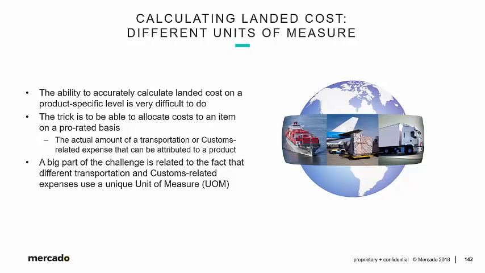As we've been building up to, a big part of the challenge is related to the fact that different transportation and customs-related expenses use a unique unit of measure, UOM. We talked a little bit about this in the previous section. Now we're going to go deep into the subject.